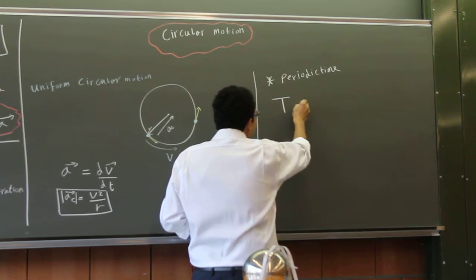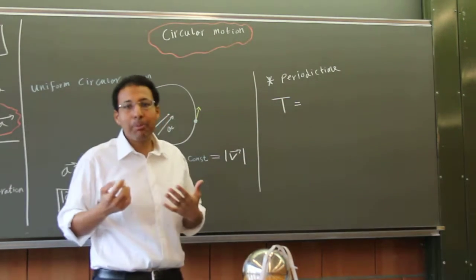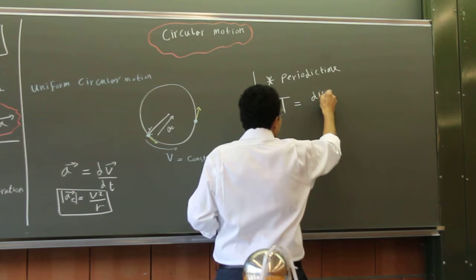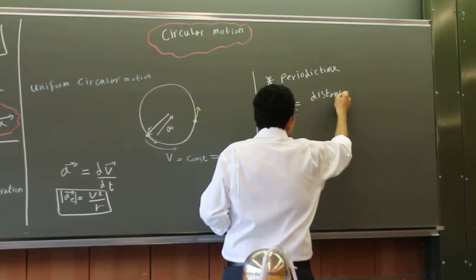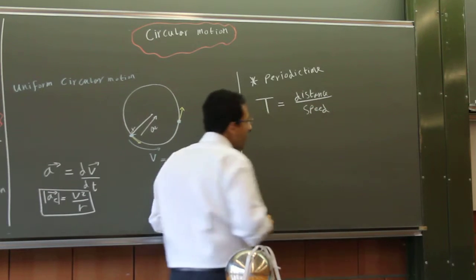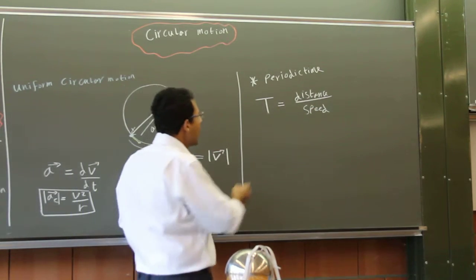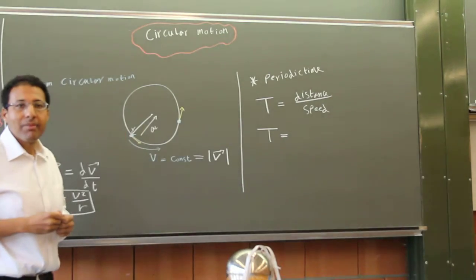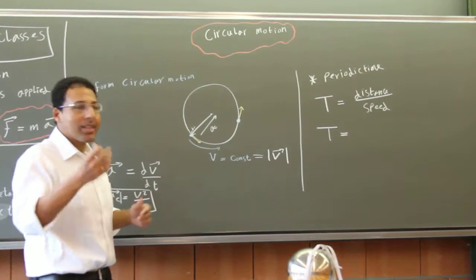We all know that the relation between time, speed, and distance is that the time is equal to distance over speed. Okay, so what is the distance in this case? Anyone? Yes, exactly.